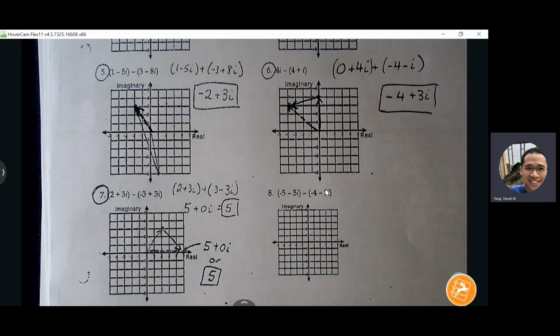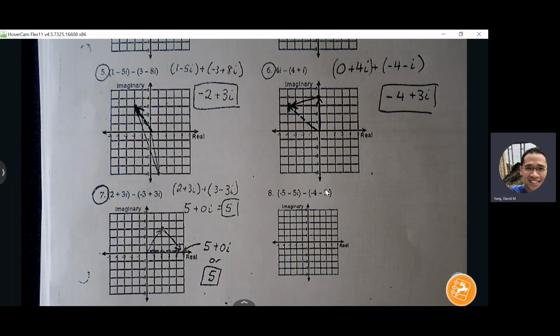Okay, so let's go to the practice sheet that you guys picked up at the front. Everybody familiar with 5, 6, and 7?